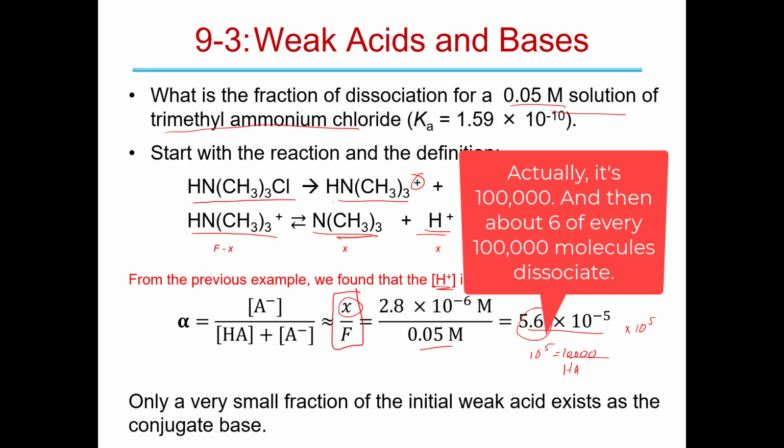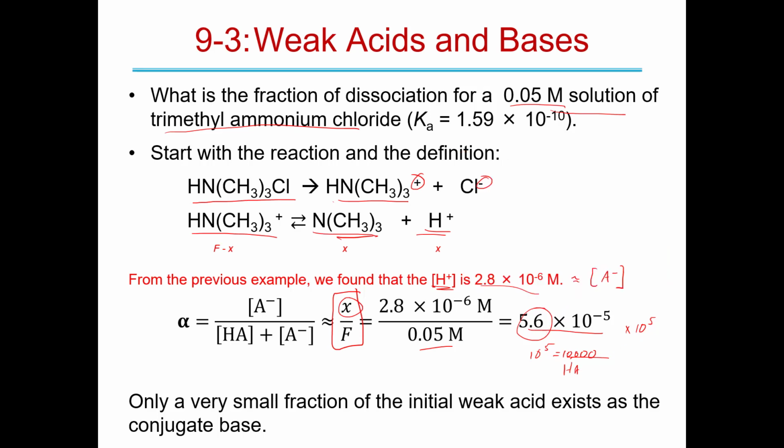So most of them, the rest of them, are going to stay together without the hydrogen ion dissociating. So if we multiply this by 10 to the fifth, that cancels out, we get 5.6. So 10 to the power 5 is 10,000 molecules, and we would only have about 6 of those molecules that actually break up. So a very small fraction of the initial weak acid exists as the conjugate base form.